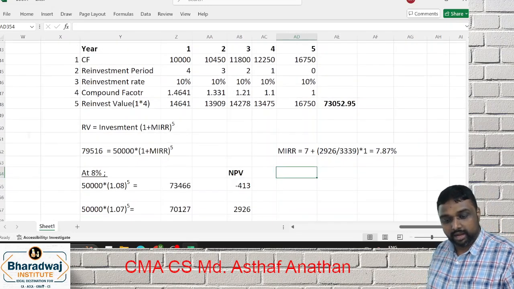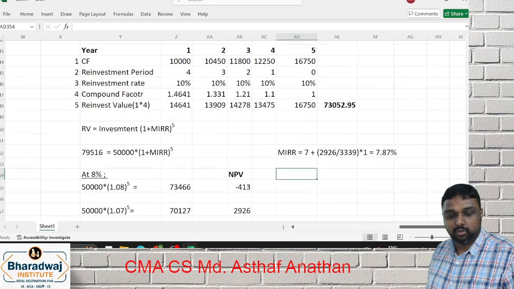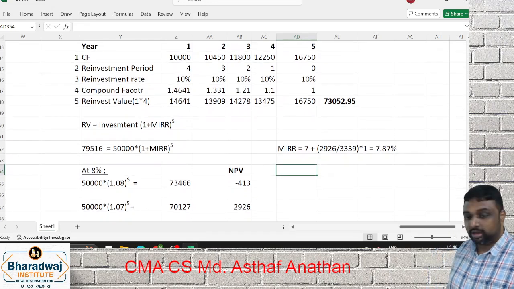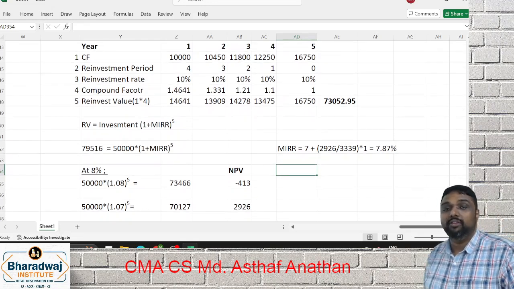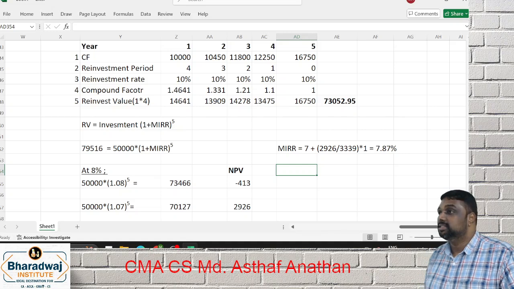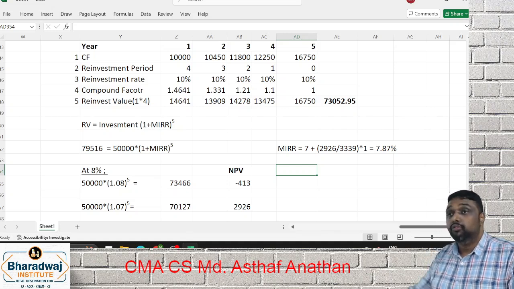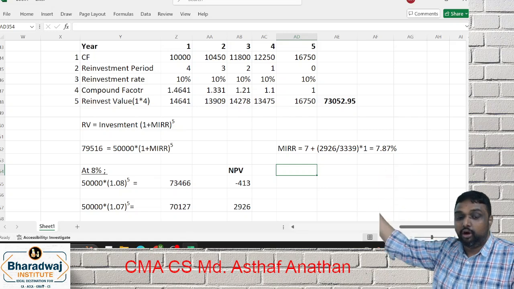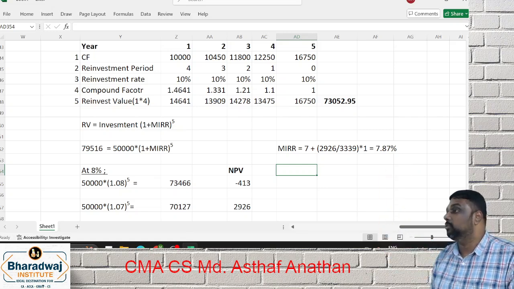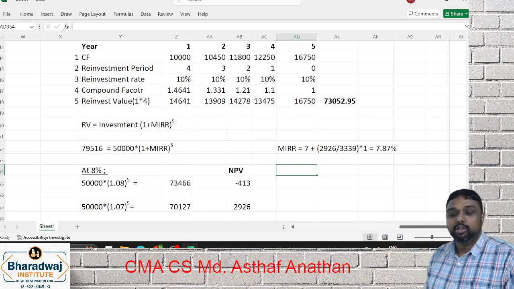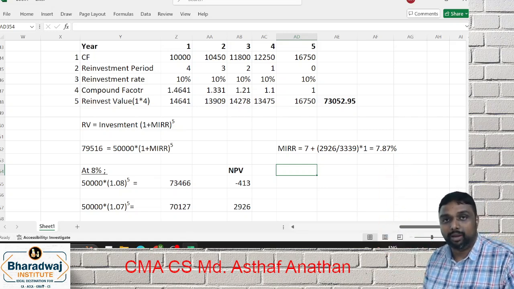I'll allow you to copy. You can take a photo also. So this is MIRR. Cash flow, I hope we have taken already. This is a very good concept. If at all they want to test you, they can test you. For 4 years now, how will you take? Directly you can take the 2-time route. You will get the answer. So please take your own time and copy, my dear friends.